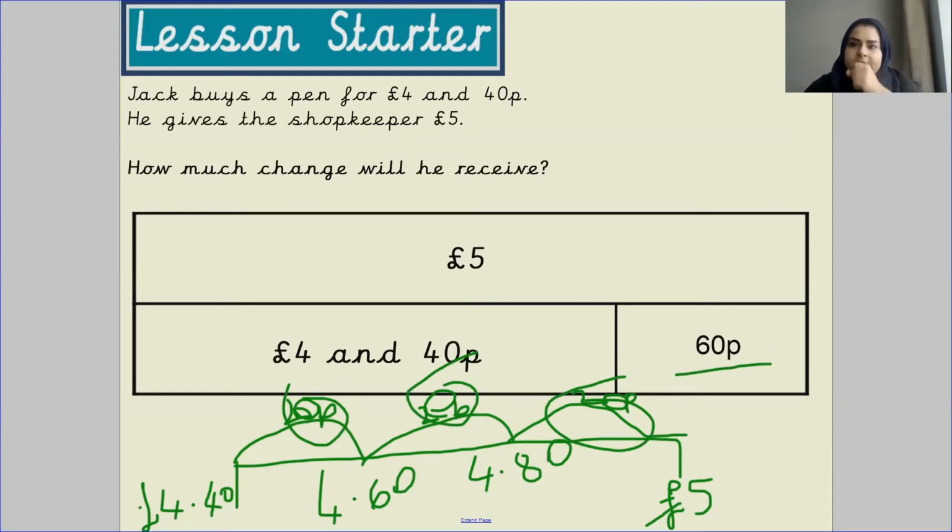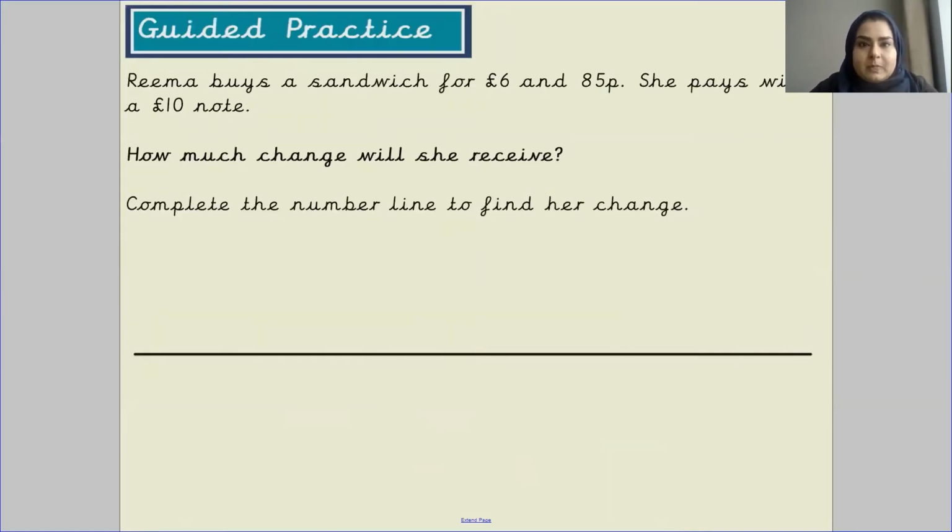Okay. Now Rima buys a sandwich for £6.85. She pays with a £10 note. How much change will she receive? Complete the number line to find her change.